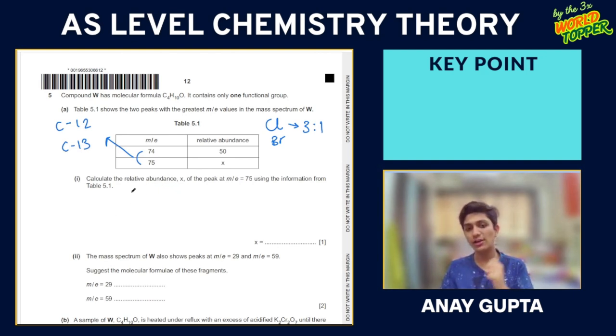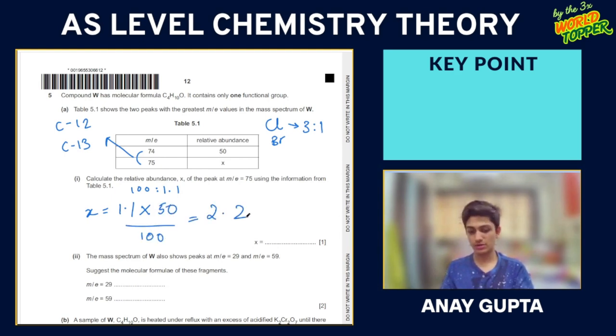So there is a 100 to 1.1 ratio of carbon-12 to carbon-13 atoms naturally existing in the environment. So the relative abundance, or X, is going to be 1.1 times 50 upon 100, which will give me 0.55.